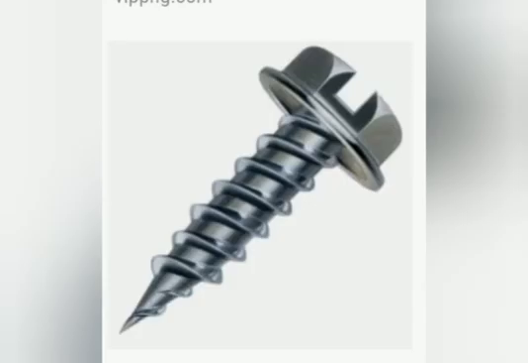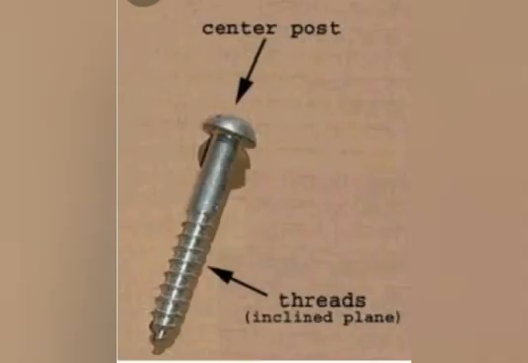Now, the screw. A screw is a simple machine which looks like a nail with grooves cut in it. It has a winding edge called the thread. The thread of the screw is an inclined plane wrapped round a rod. A screw takes less force to insert into wood than a nail.